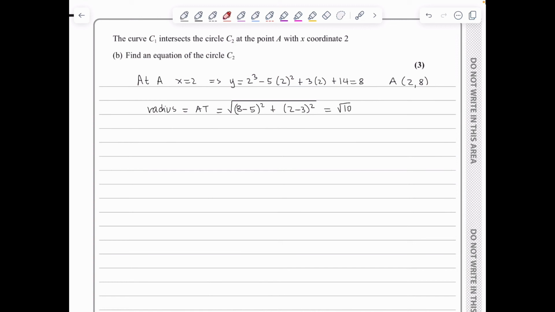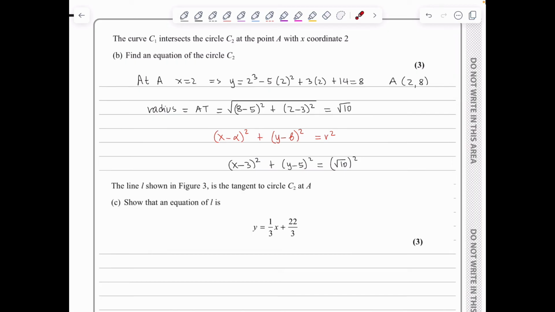And we know that a circle centered at the point (alpha, beta) having radius r has equation x minus alpha squared plus y minus beta squared is r squared. Well, the center of the circle is (3, 5), so x minus 3 squared plus y minus 5 squared is equal to root 10 all squared.